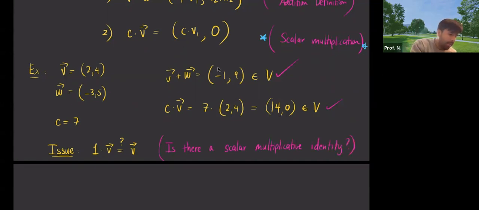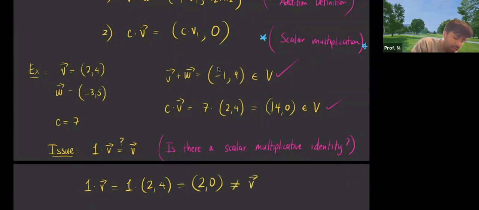Well, if I perform this scalar multiplication operation the way it's defined, I would have 1 multiplied by (2, 4), which would give me (2, 0). But this is not V. V is (2, 4).